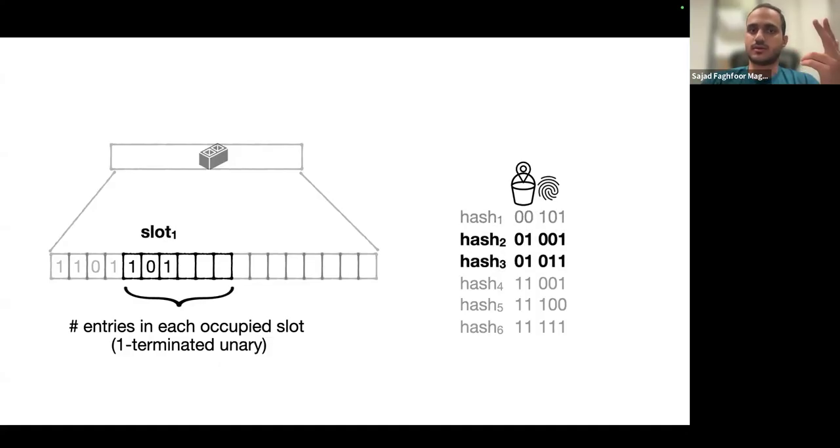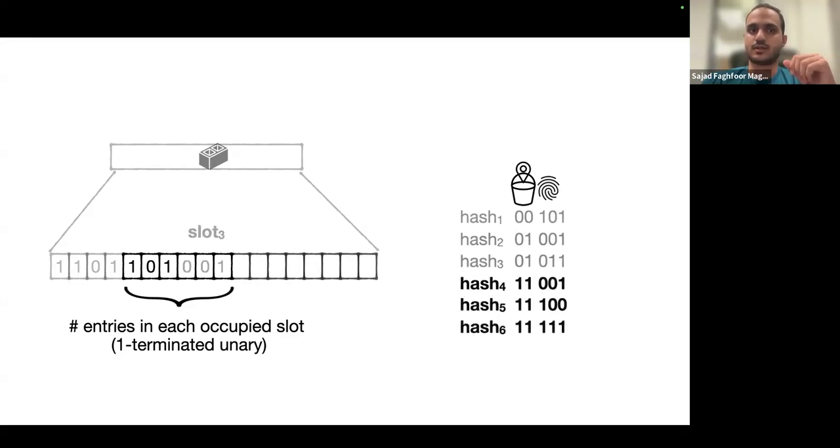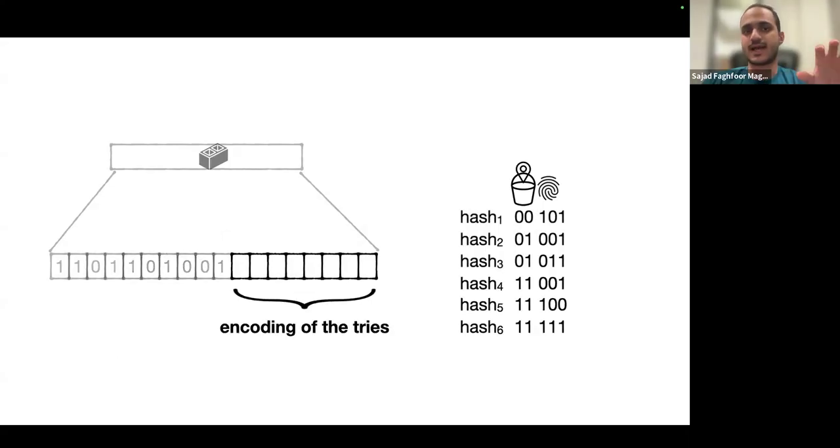Slot 1 has 2 entries, we store 0 and 1 to represent that. And slot 3 has 3 entries, and we store 0, 0, 1 to represent that. At last, we store the encoding of the tries. And remember, we only need to build a trie to resolve the collisions, and that only happens whenever we have 2 or more entries in a slot.